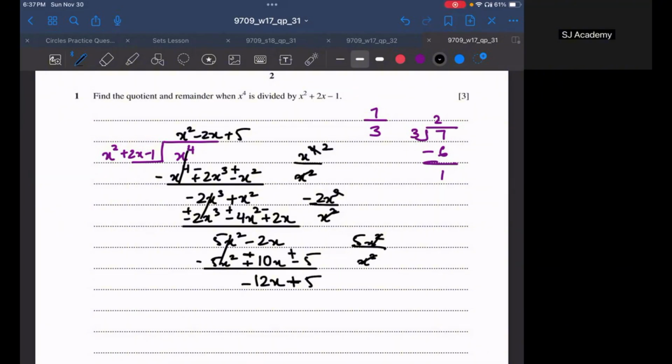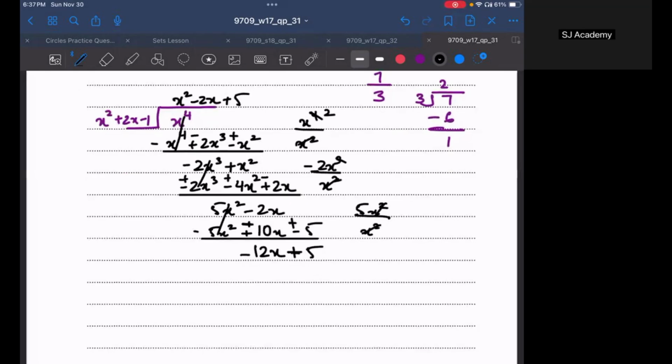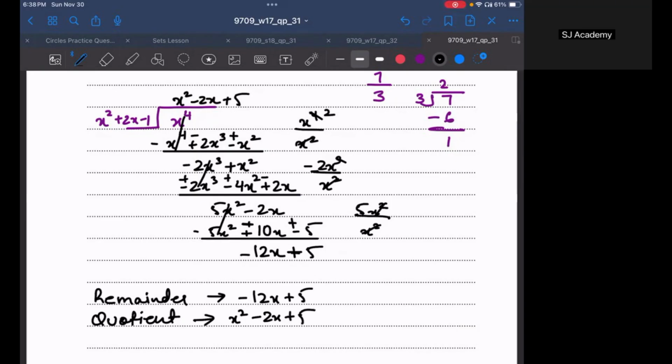So this will become −12x + 5. So finally, our remainder will be −12x + 5, and the quotient will be x² − 2x + 5.